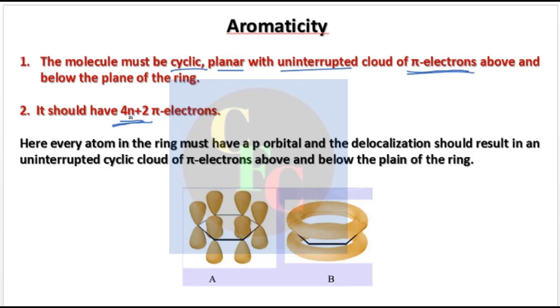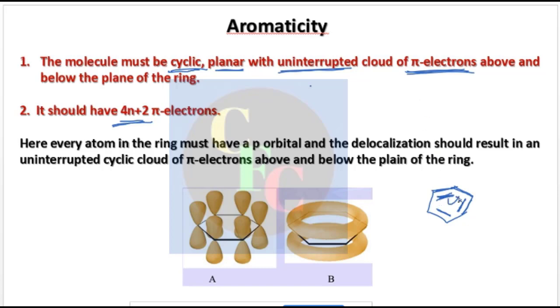This is not the n as quantum number, this is different. So here n can be 0, 1, 2, 3, right? So if a system is cyclic, planar, uninterrupted, like benzene, see, it is cyclic, planar in structure, meaning all the carbon atoms are in the same plane, and it has an uninterrupted pi electron cloud.